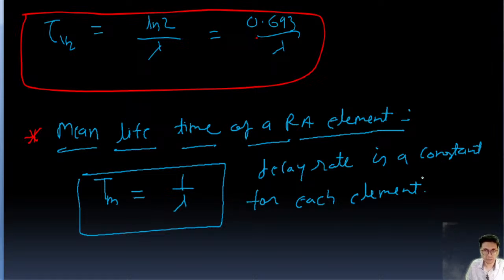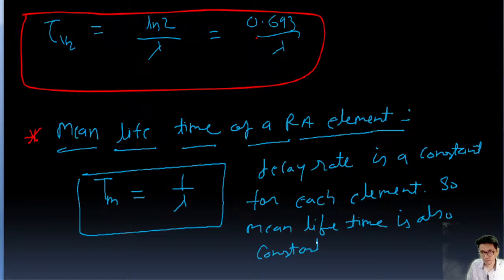This is decay rate, lambda is decay rate, right? So mean lifetime is also constant, okay.